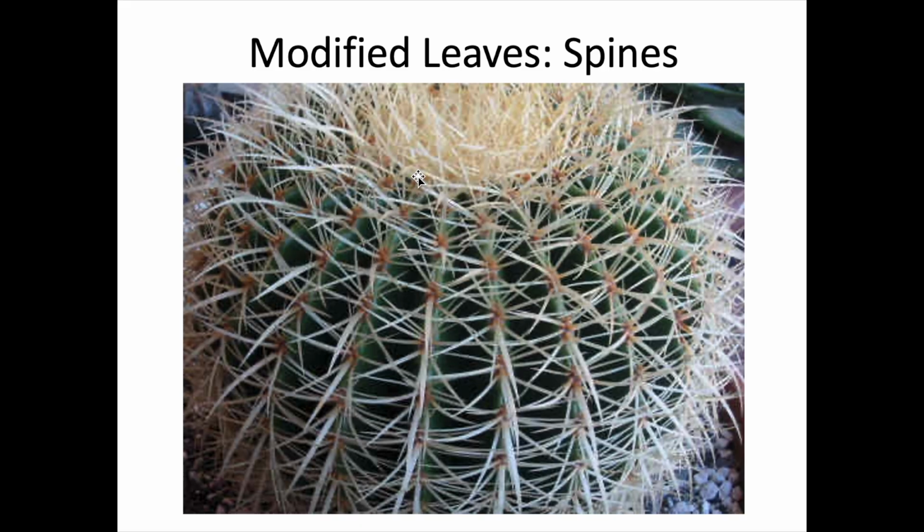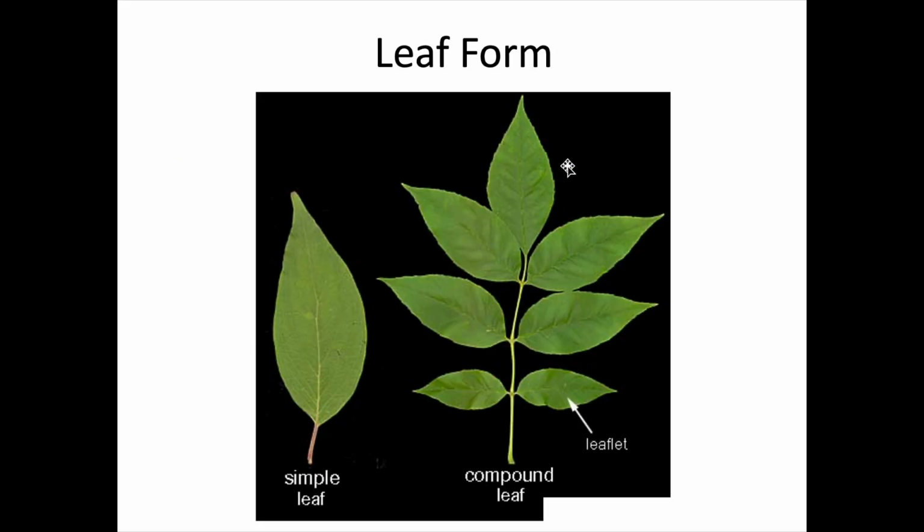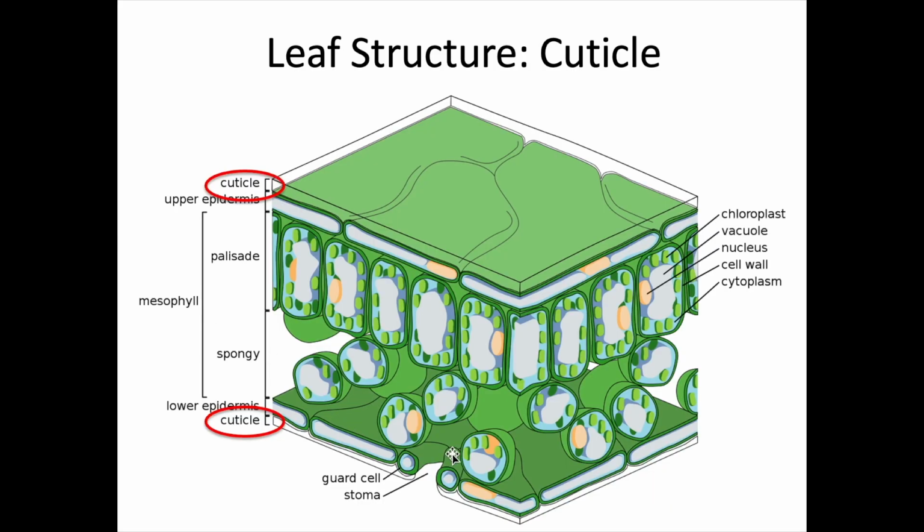a leaf typically does. Normally, the job of the leaf is to have as much surface area as possible, to be flat and broad, because these leaves want to capture as much sunlight as possible to do photosynthesis. Doing photosynthesis is kind of their thing. But leaves are also a place where water evaporates, where water can be lost through these stomata.